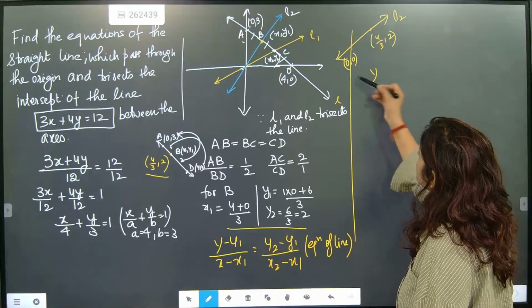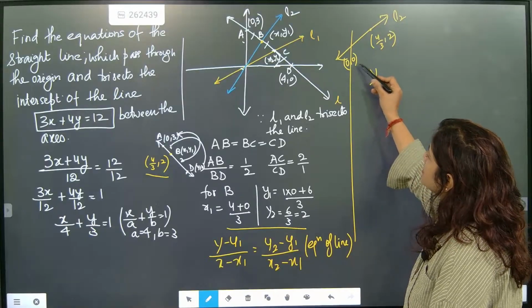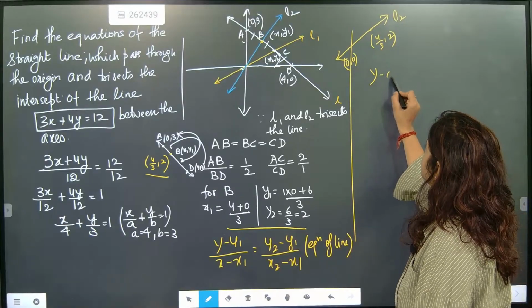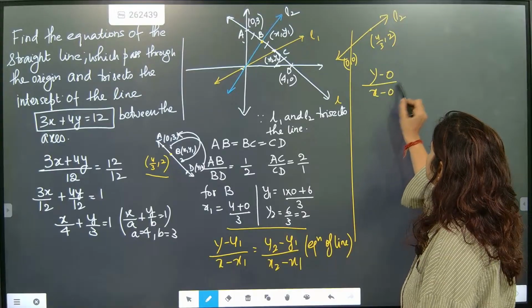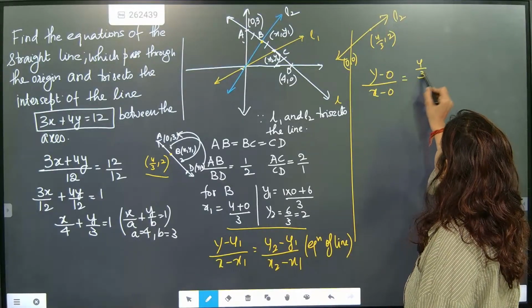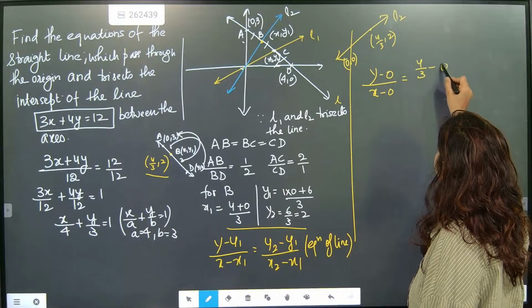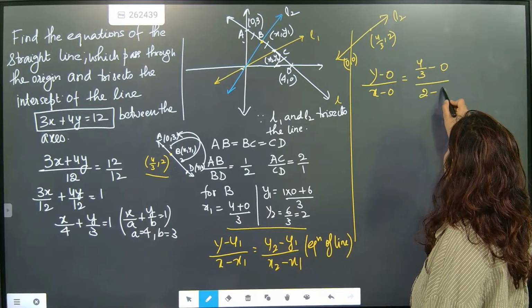So y minus y1, we can take y1 as 0. So (y minus 0) by (x minus 0) is equal to (y2 minus y1) by (x2 minus x1).